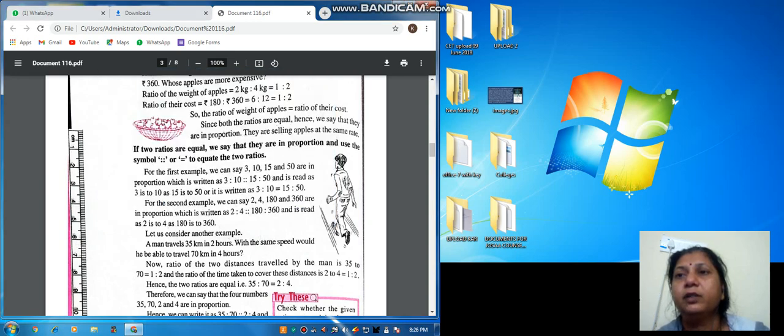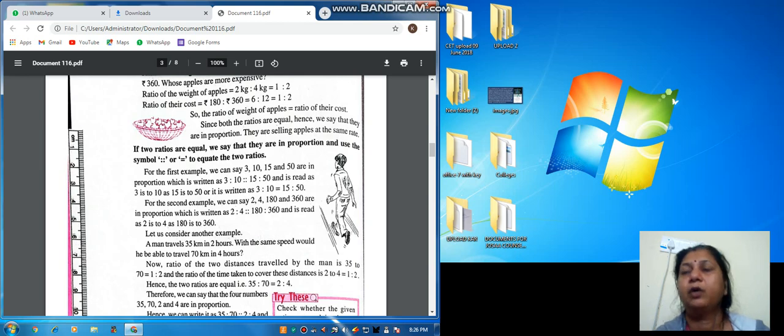For the first example we can say 3, 10, 15, 50 are in proportion, which is written as 3 as to 10 as 15 as to 50, or it is written as 3 as to 10 equal to 15 as to 50.